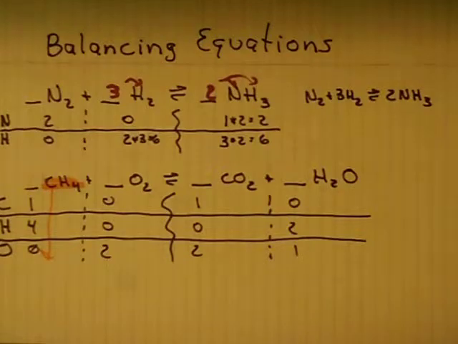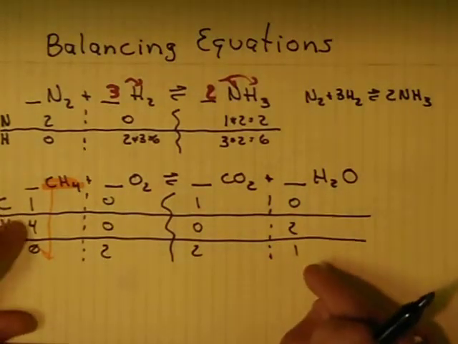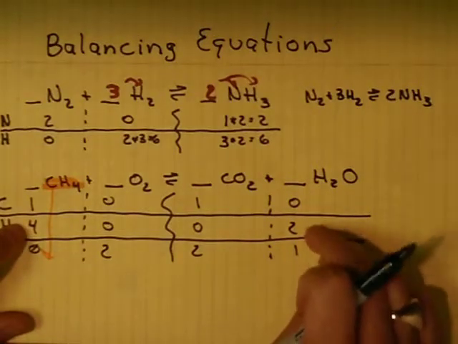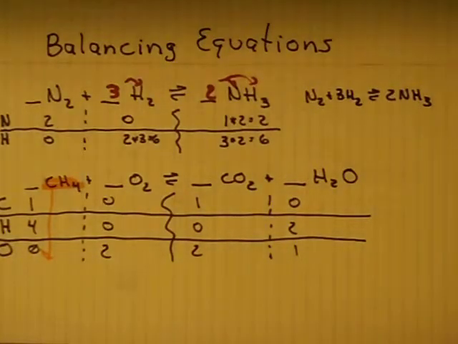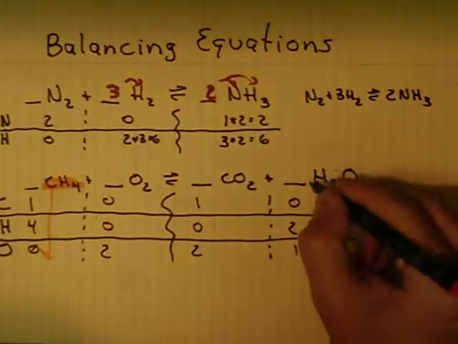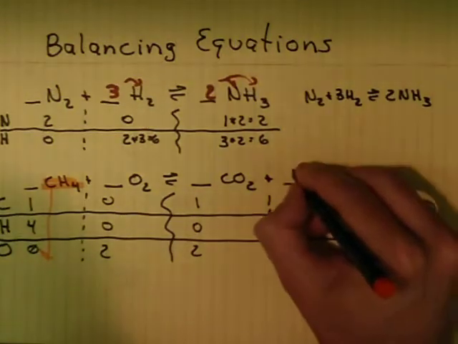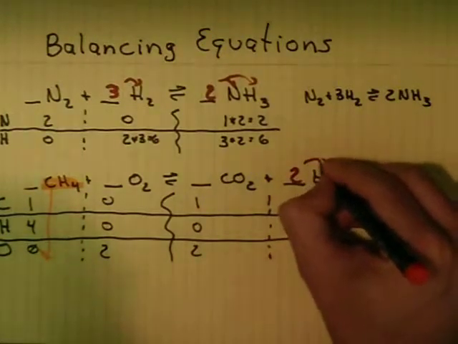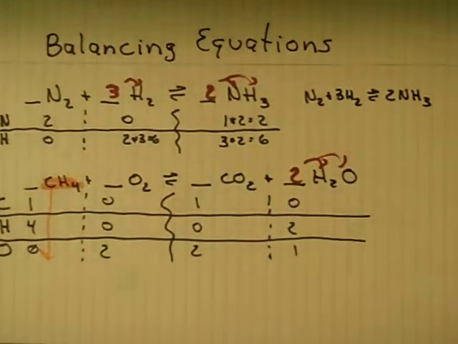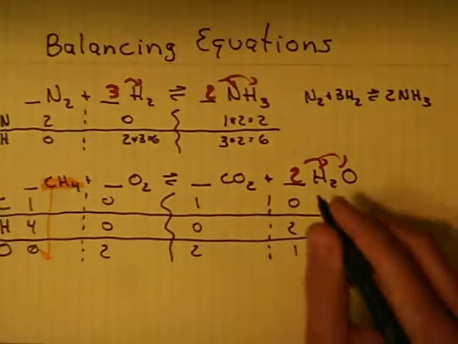So, what will be the next thing we can look at? Probably the easiest would be our waters and our H's. So we've got 4 over here and 2 over here. So in order to get that to balance, we want to put a 2 in here, because that 2 is multiplied by everything after it.